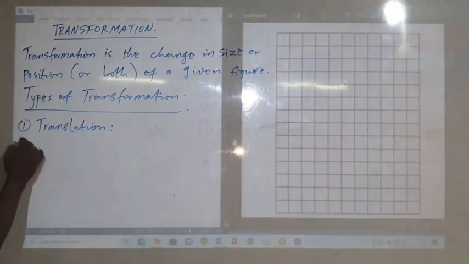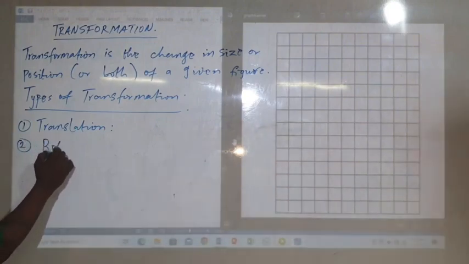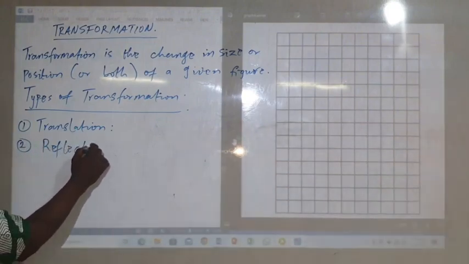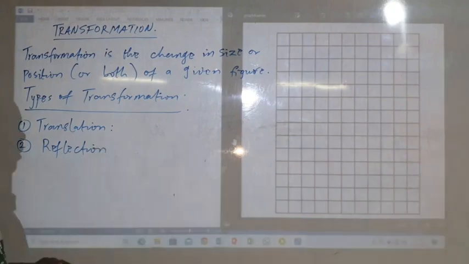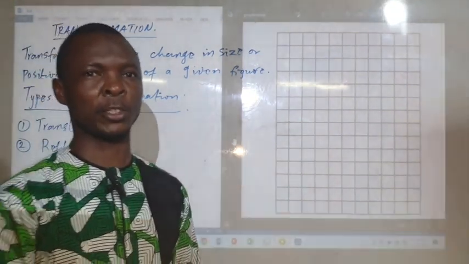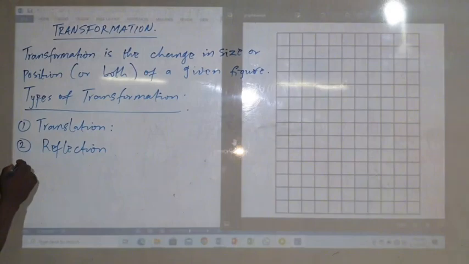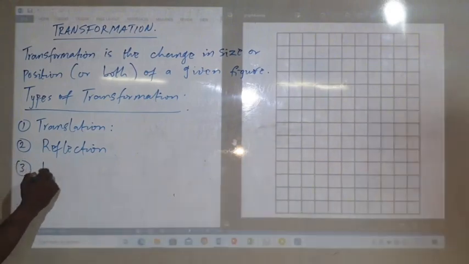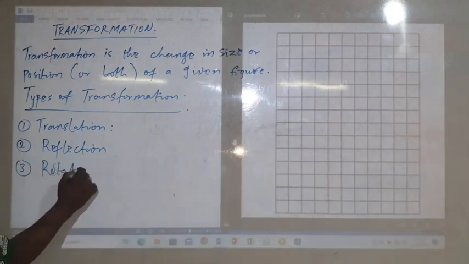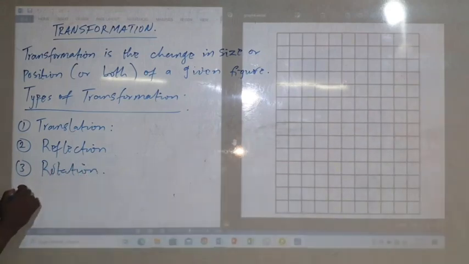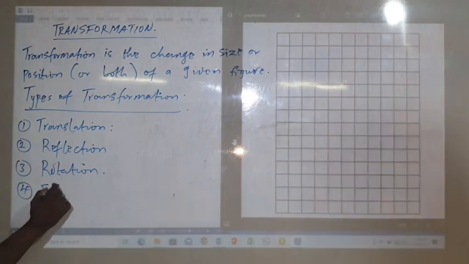Then the second one, we have reflection. This is the flipping of the figure over the y-axis or x-axis. Then the third one is rotation, while the last one is enlargement.